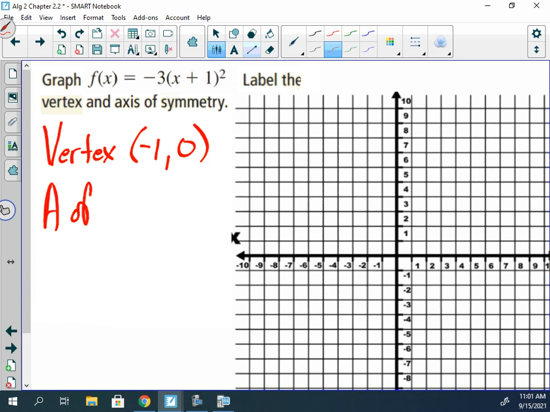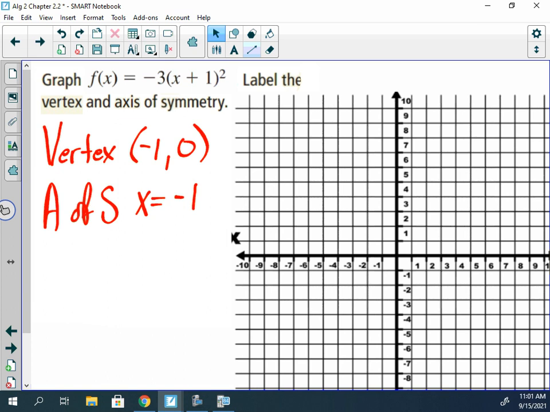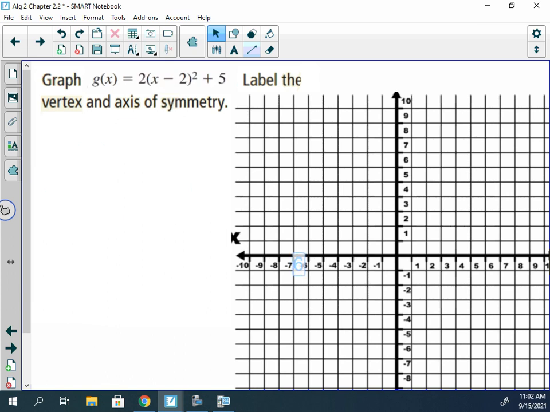Now the axis of symmetry would be x is equal to what? Negative 1. And that's it. Questions on this here? Let's go on and just look at this one here.